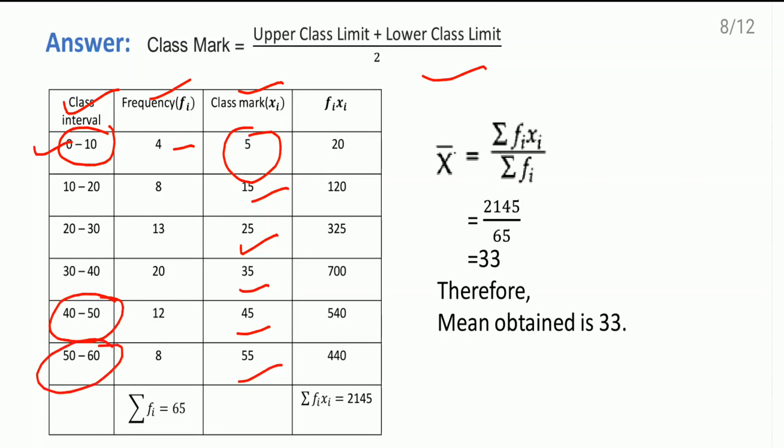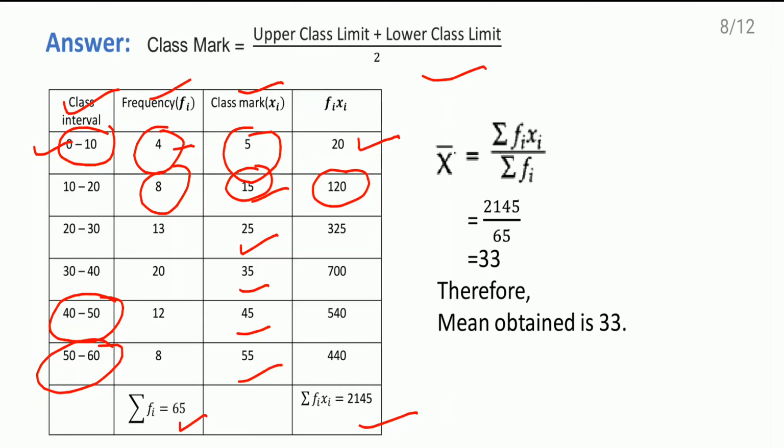Okay. Now here fi xi. So this 4 into 5 we got 20 here. This one here 8 into 15 we got 120, and so on. Finally we did the summation of fi xi, which is 2145, and sum of all the frequencies 65.